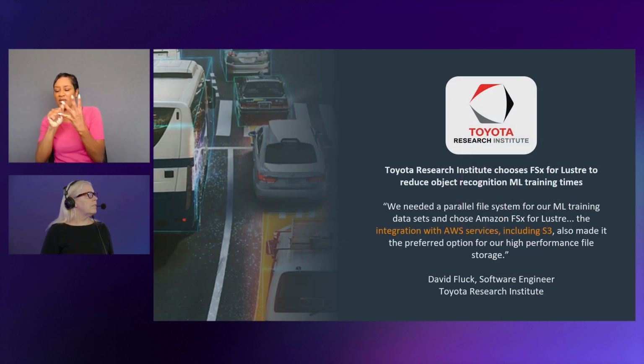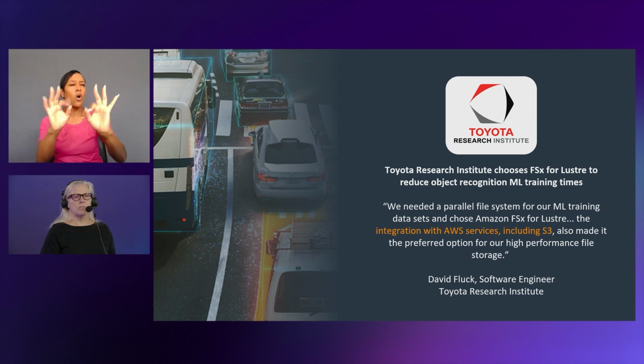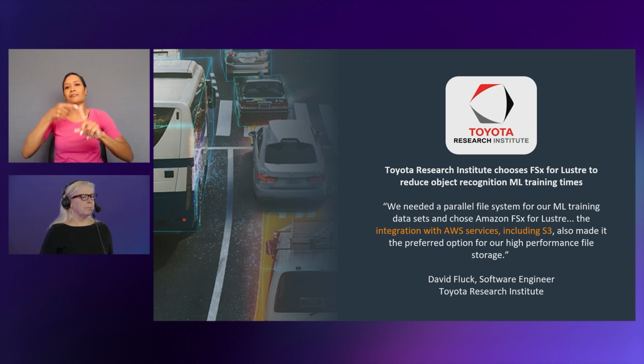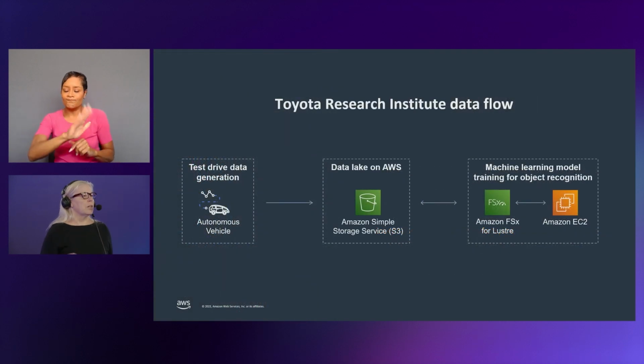A great example of a customer who is using this great integration between FSx for Lustre and S3 is Toyota Research Institute. So they use an S3-backed FSx for Lustre file system for their autonomous vehicle development program. They use it for both their broader data science environment as well as specifically for ML training. So their autonomous vehicles are taken for test drives. This might be on a closed track, it might be on the open road.